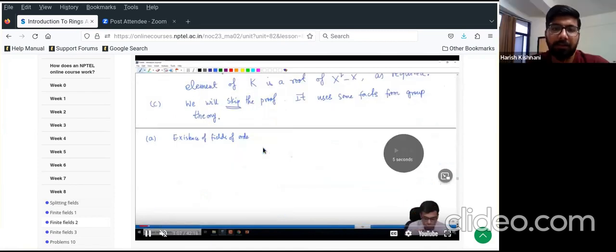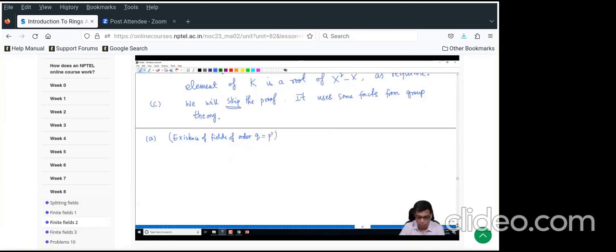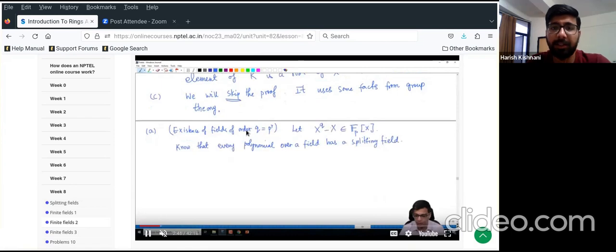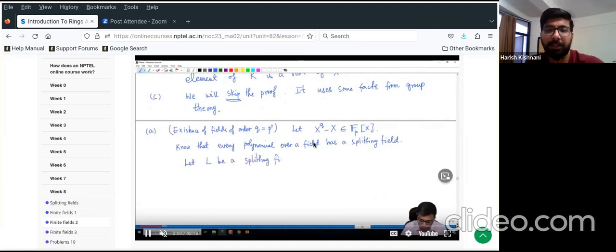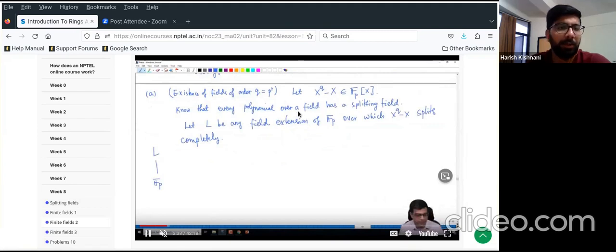So we just need to show that there exists some field. We can choose a field of our own choice, which has very nice properties. For the construction, he is taking a polynomial in F_p[x] of this form, x^q minus x, and the splitting field always exists for any polynomial.